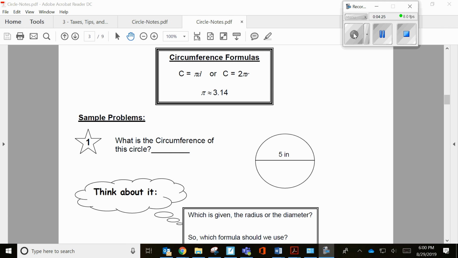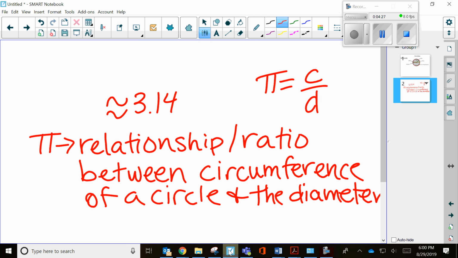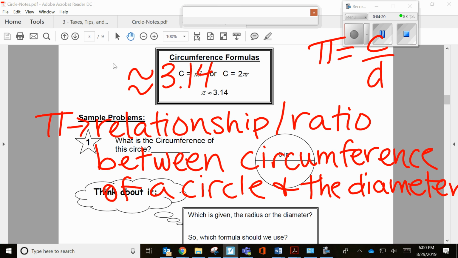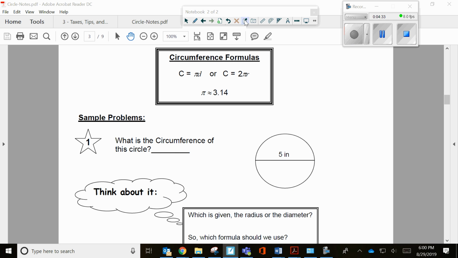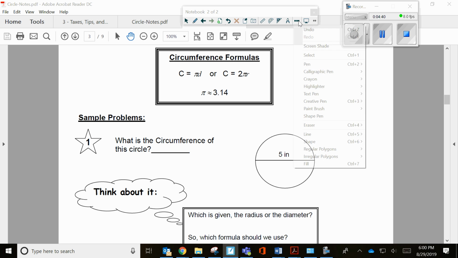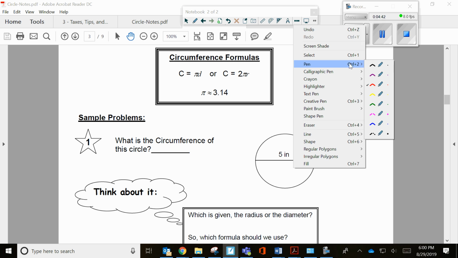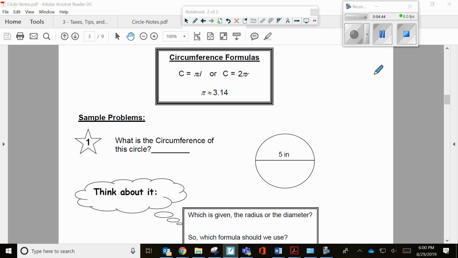If I'm looking at a problem that asks for the circumference of a circle and it's giving diameter, I'm going to adjust my ratio, which we had before. My ratio, we said that pi equals circumference divided by diameter.